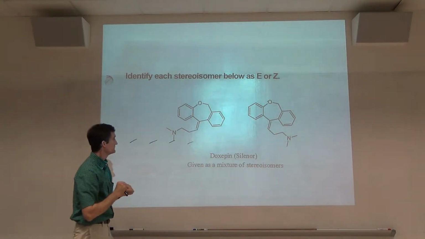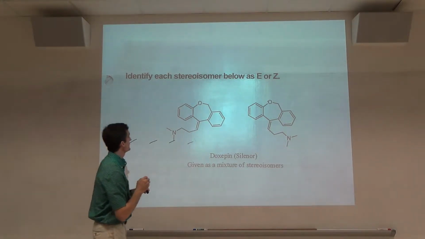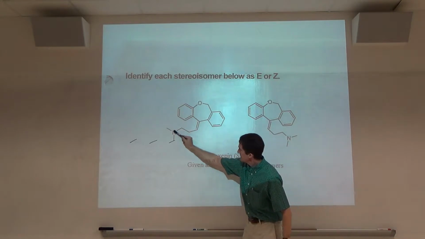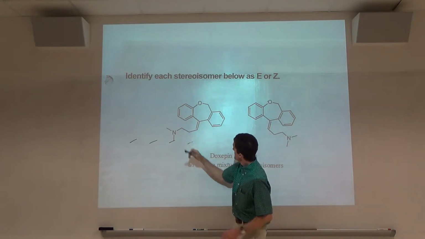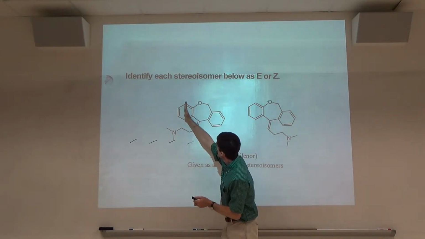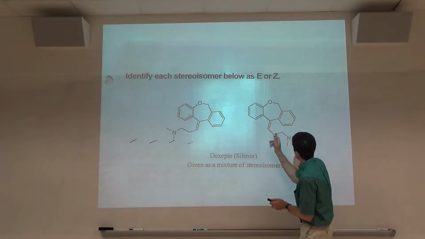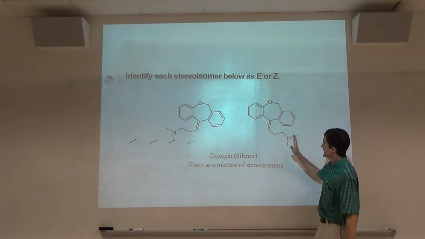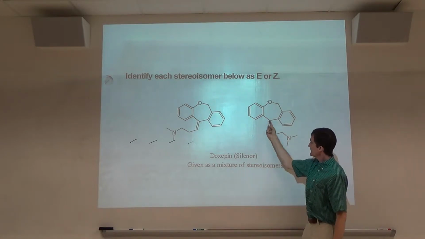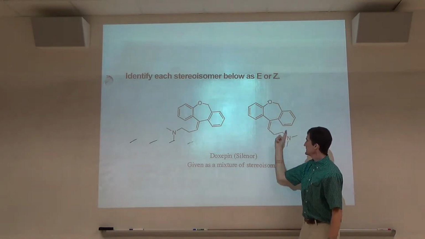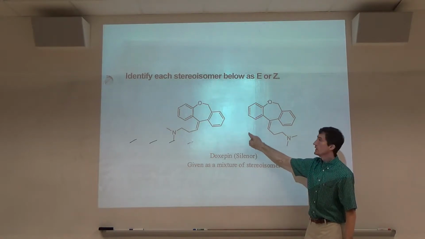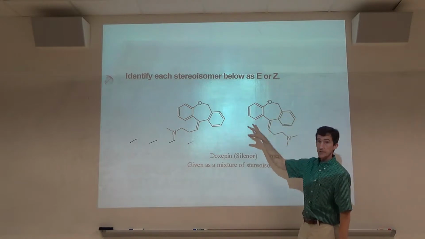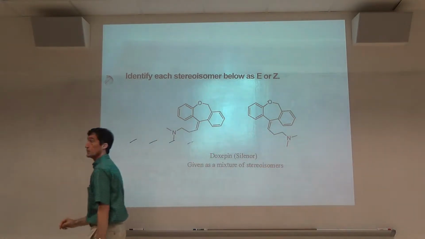You see the difference is here the amine group is on the side of the oxygen, but here the amine group is on the side opposite the oxygen. Okay? And since that double bond can't rotate, you can't spin this over here. These are indeed stereoisomers, and what you can do is identify these as E or Z. Do this on your own.